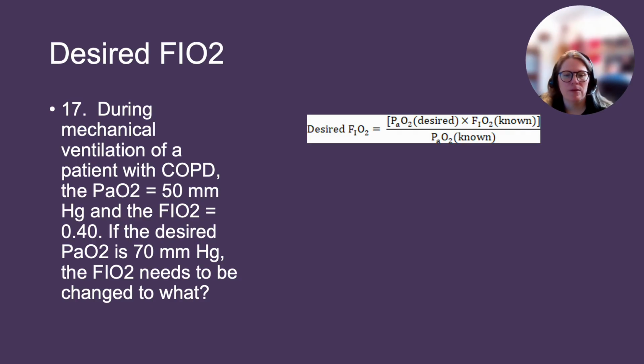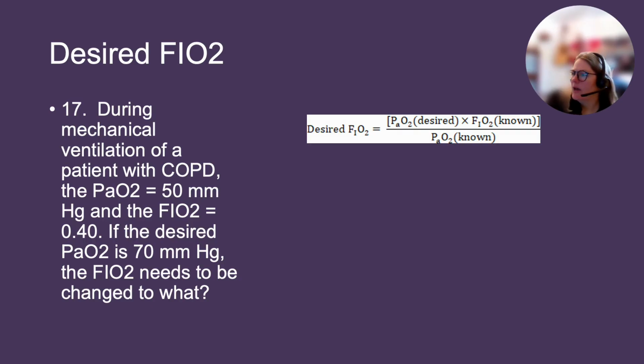All right. So our equation is right up here. So you are multiplying desired PaO2 by known FiO2. And then you're dividing that by known PaO2.